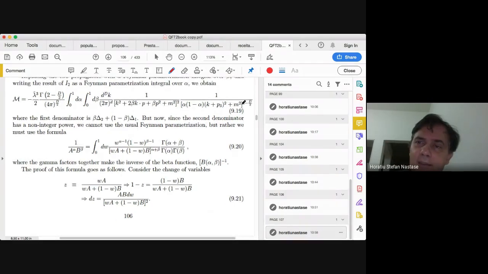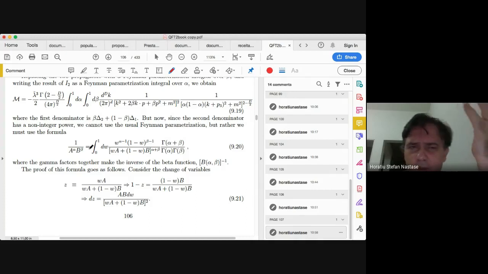And the something else that I do is this formula. So now I have to use a formula with arbitrary powers. So 1 over a to the alpha, 1 over b to the beta, where alpha, beta now are arbitrary real parameters.